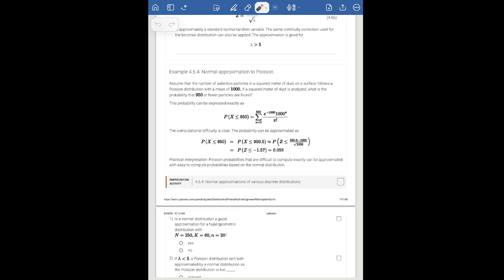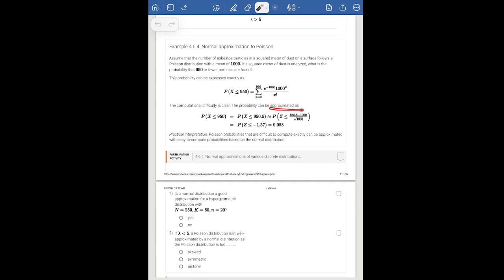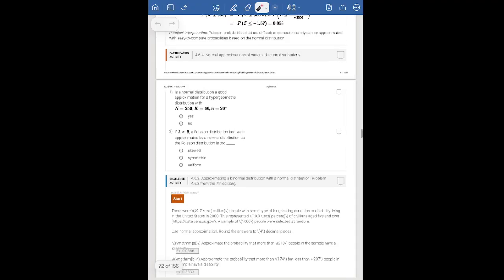But once this number gets to 100, 200, 300 or more, that calculation is going to get unwieldy, or at least computationally difficult. So we may want to use an approximation that will allow us to take a much simpler calculation. Using our z-statistic, we can find our probabilities, whether through a lookup table or calculator, or if you've got some really good arithmetic.